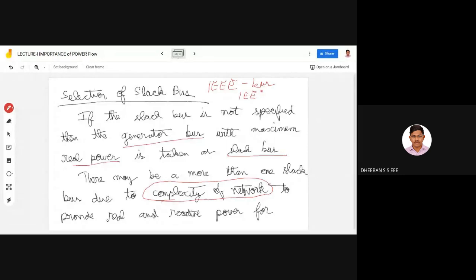In it, there might be any two buses of the same rating, and both buses might have a very high maximum real power. Then in such an interconnected network, it is possible that there can be more than one slack bus.